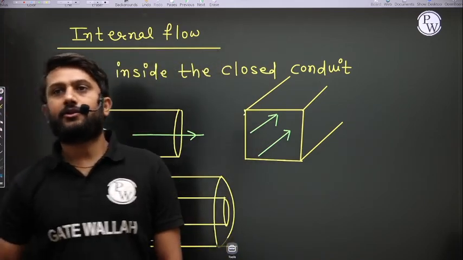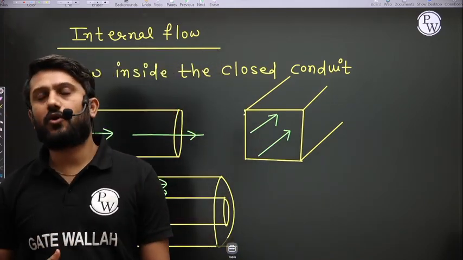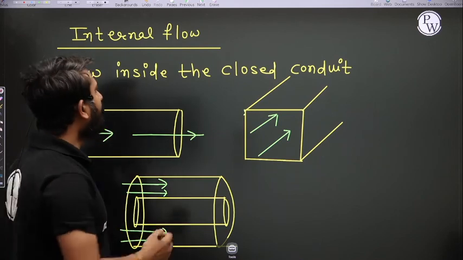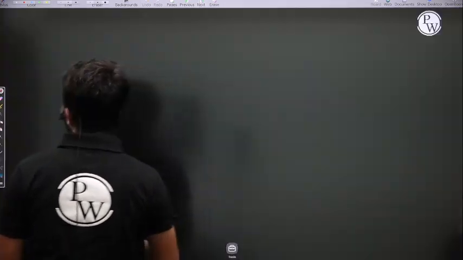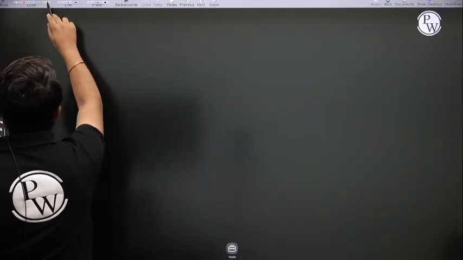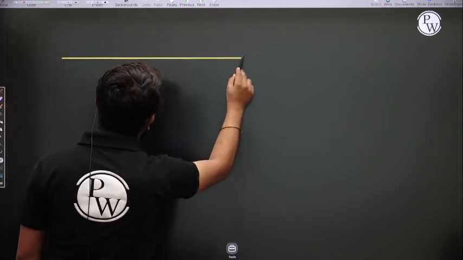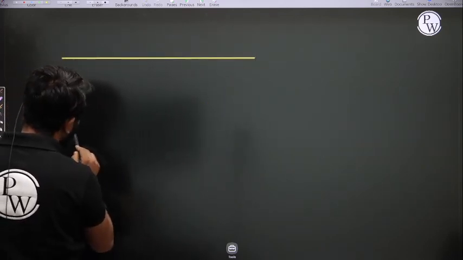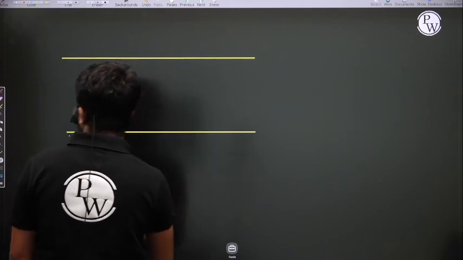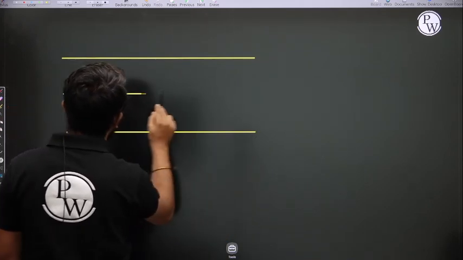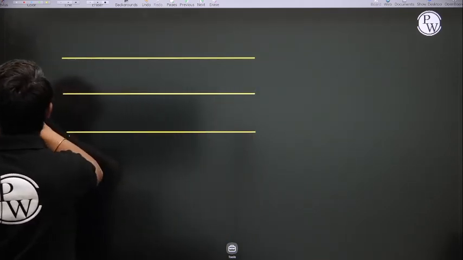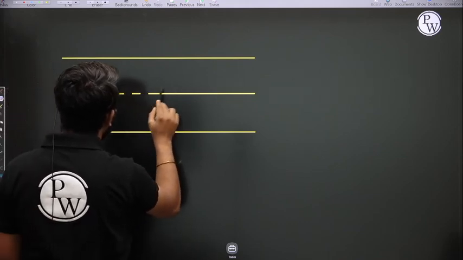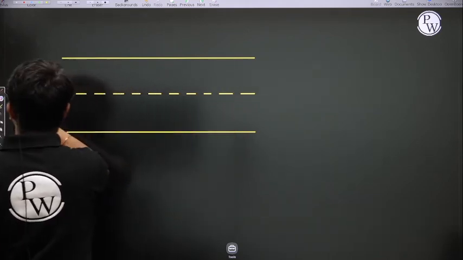Now see, to understand the internal flow concepts, I am considering pipe flow. So let us assume there is a pipe, and this is the center line of the pipe, right?